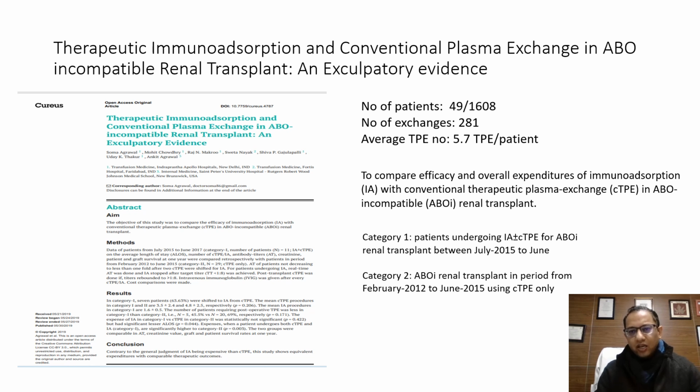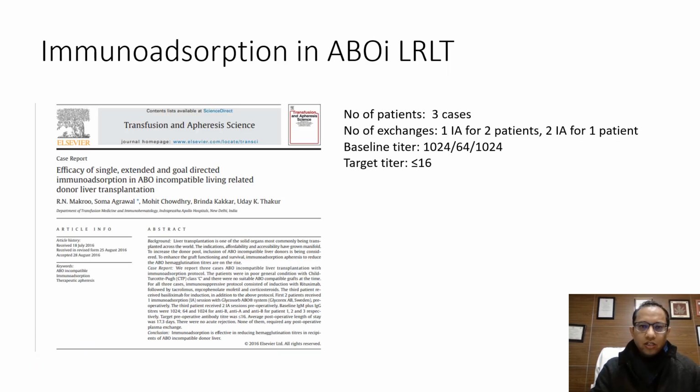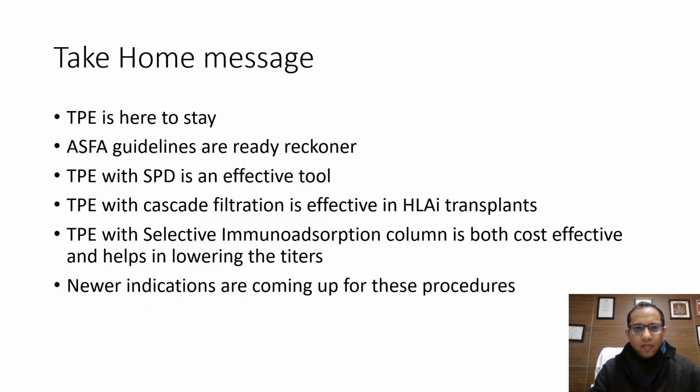We compared the efficacy and the overall expenditure of the immunoadsorption column with conventional plasma exchange, and found that therapeutic immunoadsorption is much better in terms of cost and also the effectiveness of the filter itself. This was one we did in liver transplant. We did 3 cases, the number of sessions was quite less, and every time we achieved the target of less than 1 in 16.